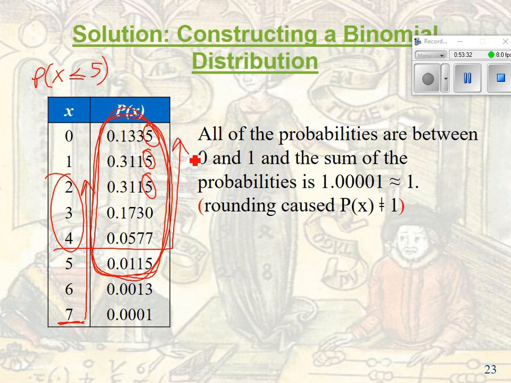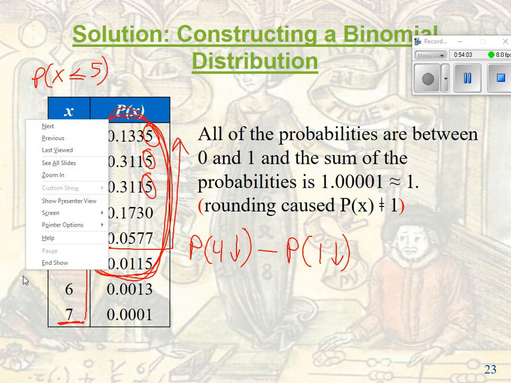So what we could do, if we're looking for the probability that you get 2, 3, or 4, is find the probability from 4 down, and then subtract off the probability from 1 down, using the CDF instead of PDF. Does that make sense? Not really. I'll go back and try to go over it a little bit more.